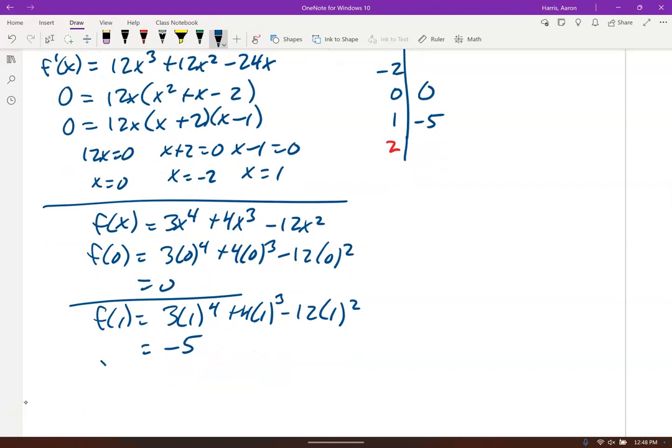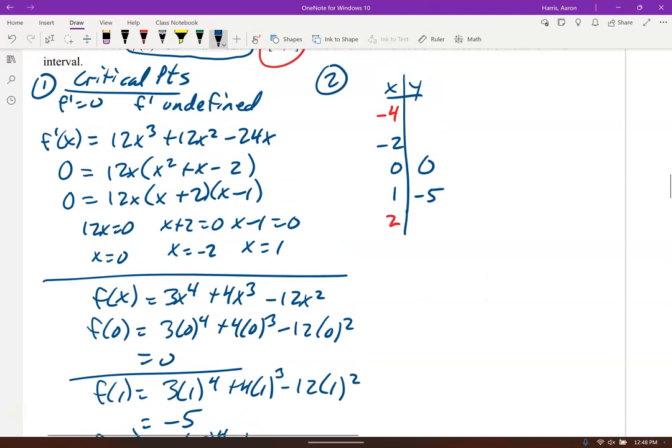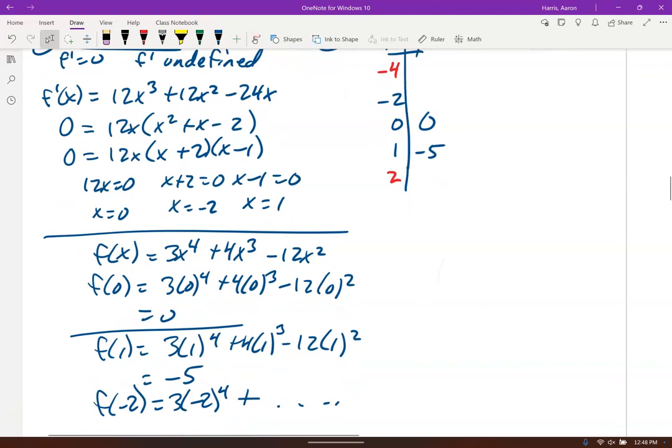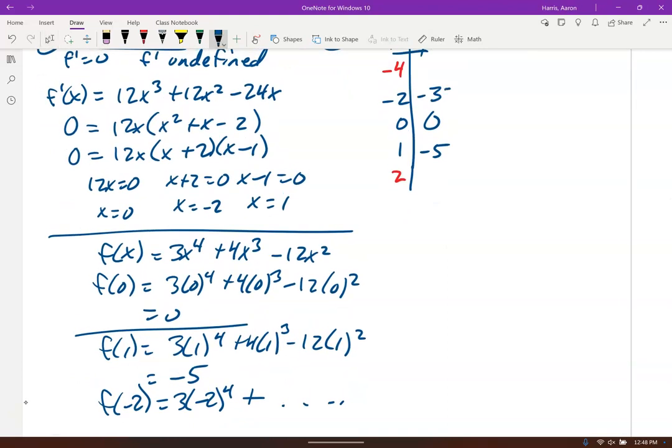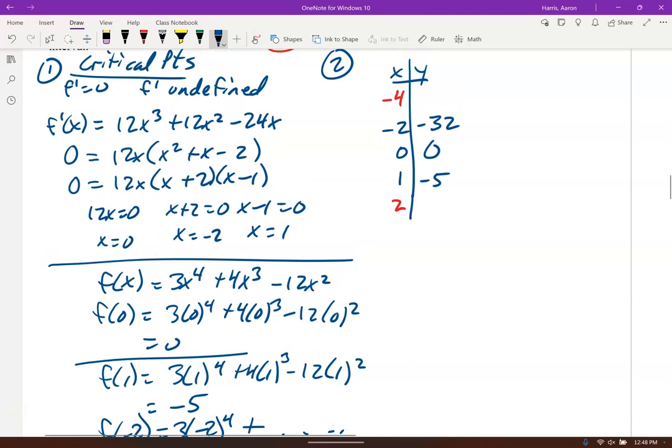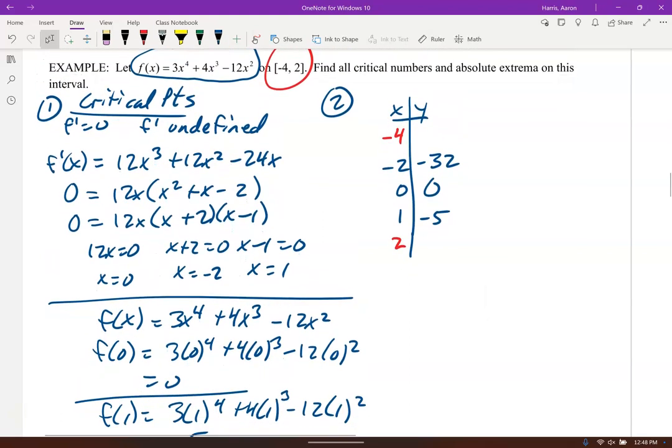I keep going with this. F of -2, plug all these points in. I get -32. And then I do the endpoints as well. I plug in -4, I get 320, plug in the 2, you get 32.